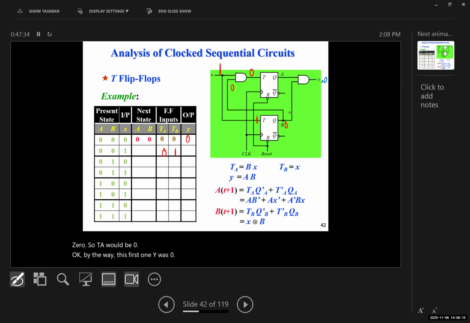Now, if B is 0 and A is 0, for the second one, so T is 1. When T is 1, what happens to B? It toggles. It becomes what? 1. So B would become 1. When it's 0, what happens to A? It remains the same. So it's going to be 0. Okay, so 0 and 1, again, Y would give us 0. So 0, 1 for TA and TB, and 0, 1 for A and B.